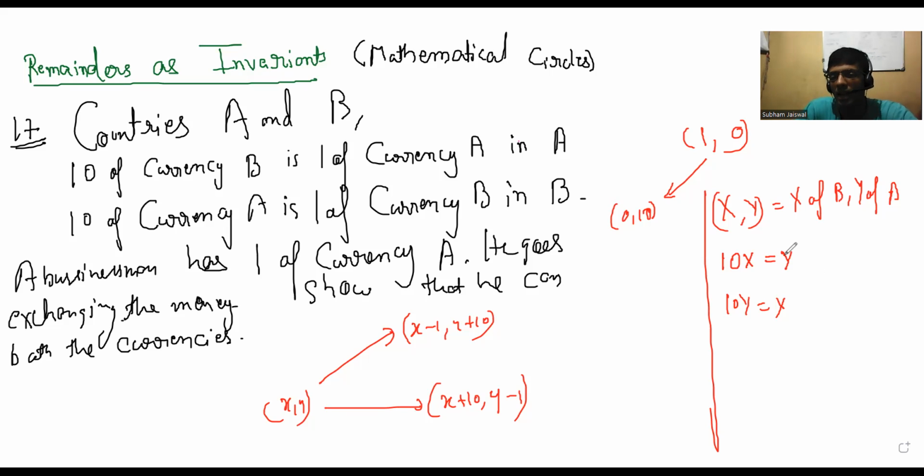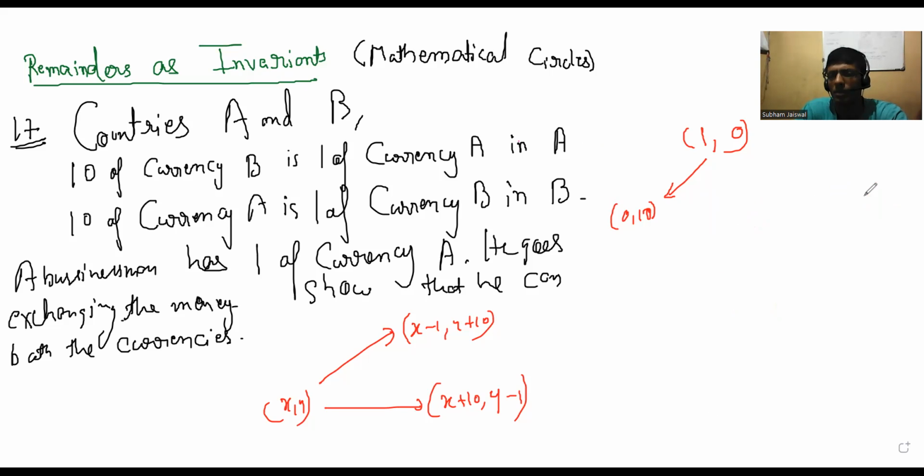So if you are in country A, then you can take y coins of A and make 10 and get 10y coins of B. Okay, which is, if you say that is x, you can make that much out of y, but both are not simultaneous. So setting up the equation like this doesn't seem very good.